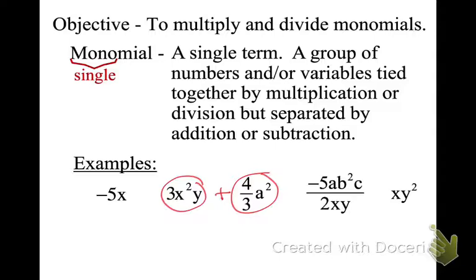So as soon as you see two terms, 3x squared y is a monomial, but as soon as you see the minus 2/3 x to the fourth, that now is no longer a monomial. It's a binomial or polynomial. Bi means 2, poly means many. So, a monomial is one term made up of variables and coefficients.